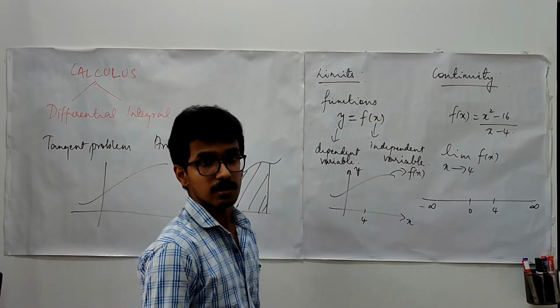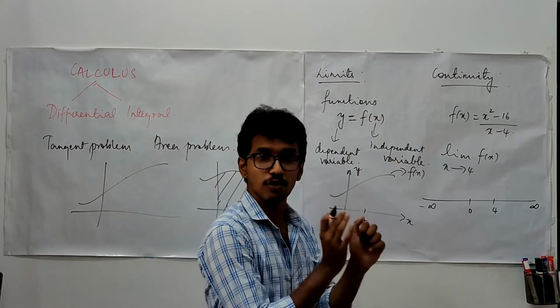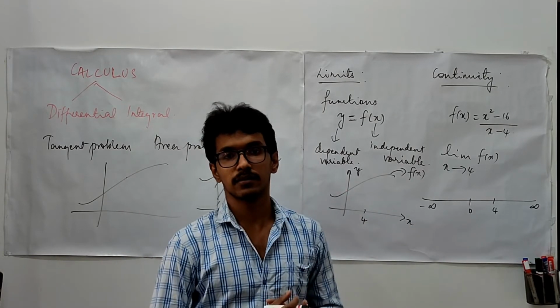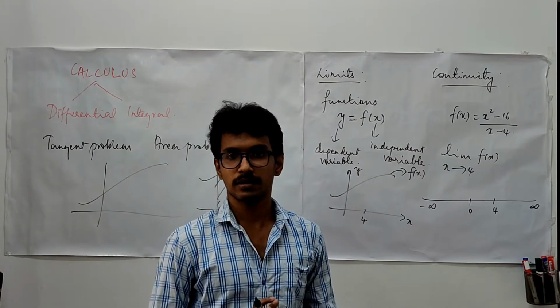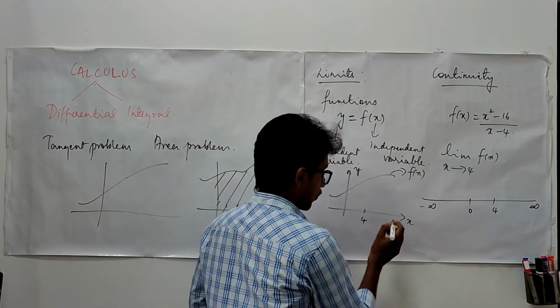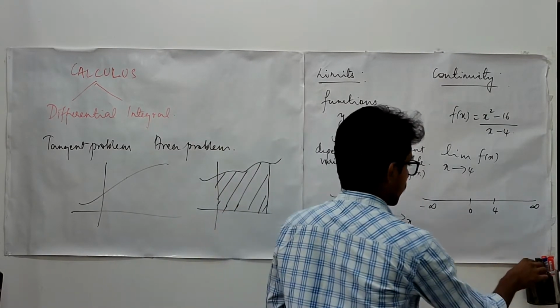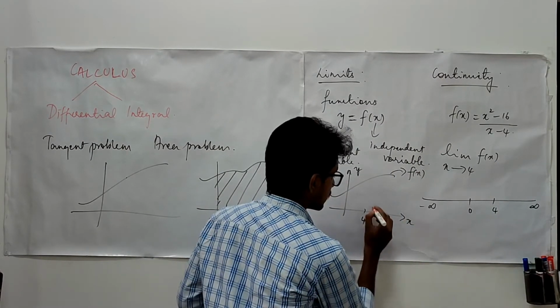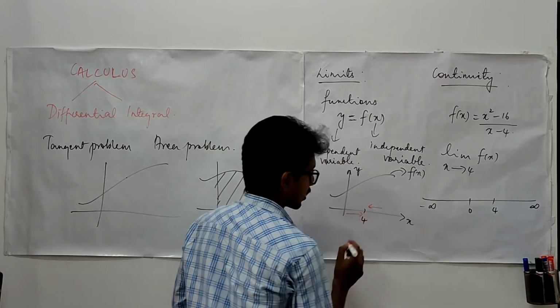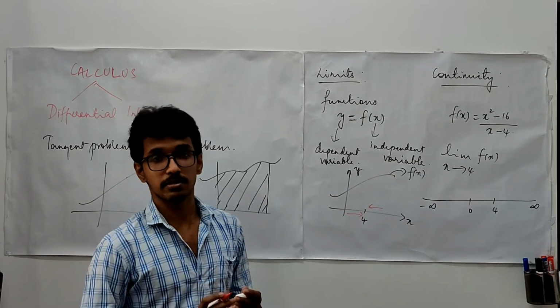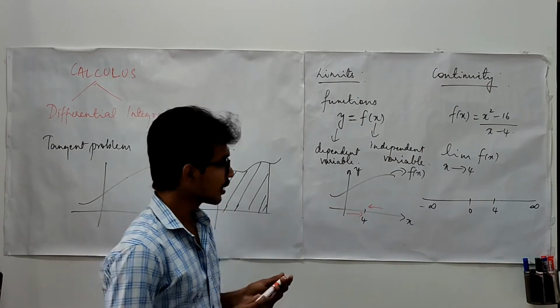It means my x value is coming near to 4. I don't know from where it is coming. So my x value may come from this direction or from this direction. These two possibilities are there, right?